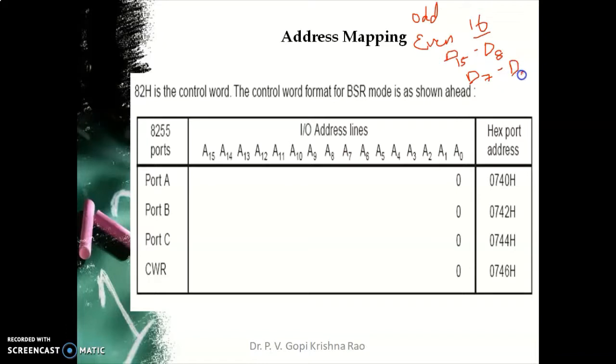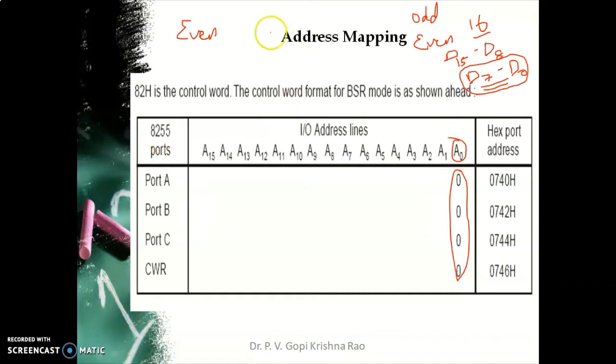Whereas your 8255 has only 8 data lines, D0 to D7. So it is always preferred to use even addressing in 8086 so that you can access the lower data lines of 8086. Even addressing is achieved only when the A0 bit is equal to 0. So we make A0 equal to 0 so that we have an even address.